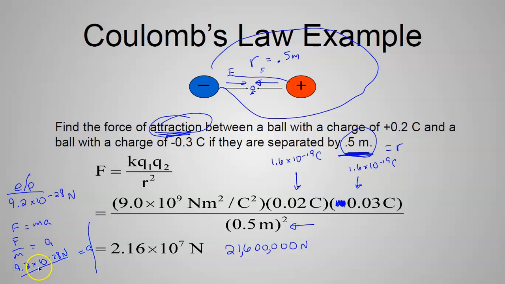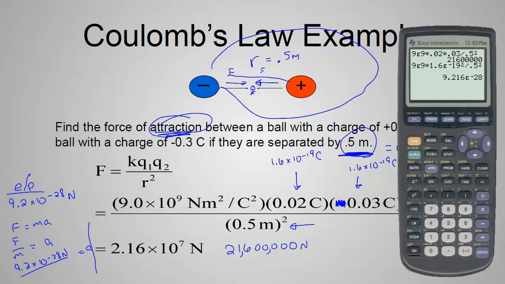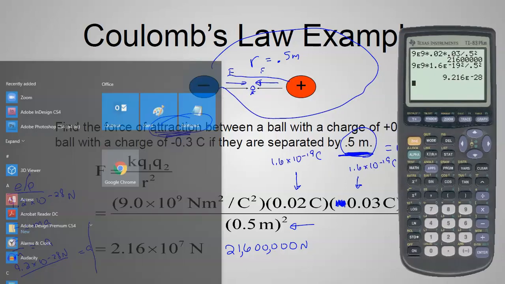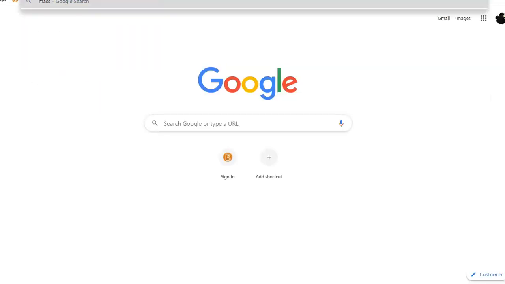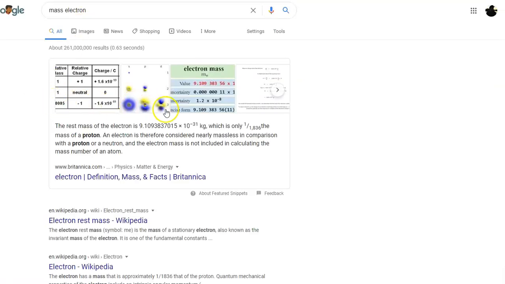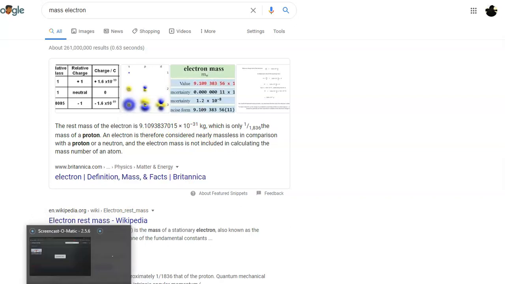I already forgot. Dang it. If I was a chemistry major, I'd probably remember this kind of number. Sometimes I do, but mass, electron, yeah, right there, 9.1 times 10 to the negative 31 kilograms. All right, 9.1 e negative 31.